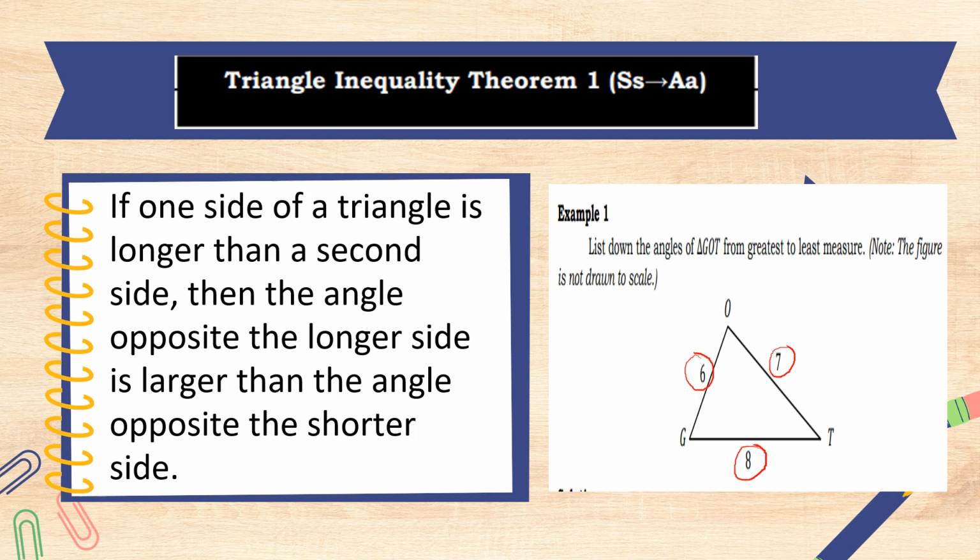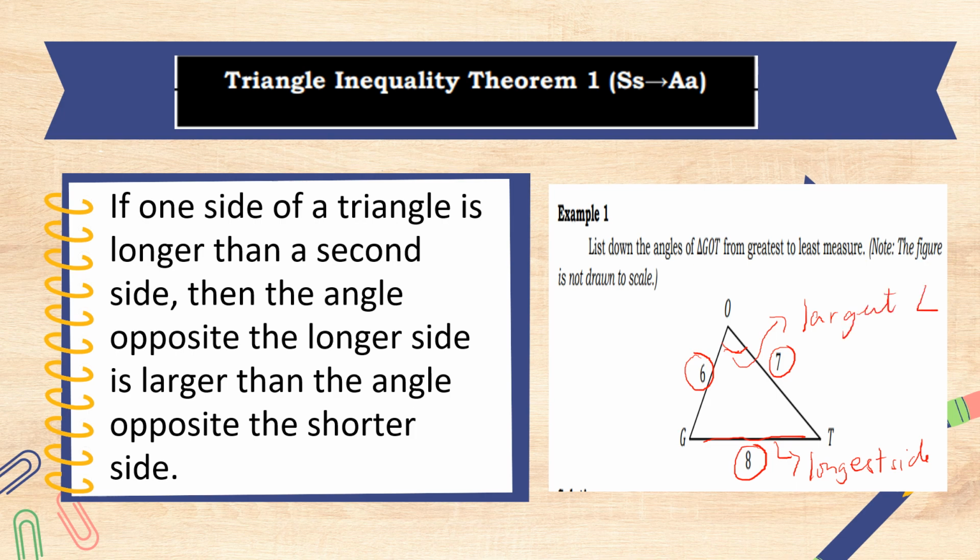Now, in this given figure, it is noticeable that GT is the longest side. Therefore, the angle opposite to it, which happens to be angle O, is the largest angle.